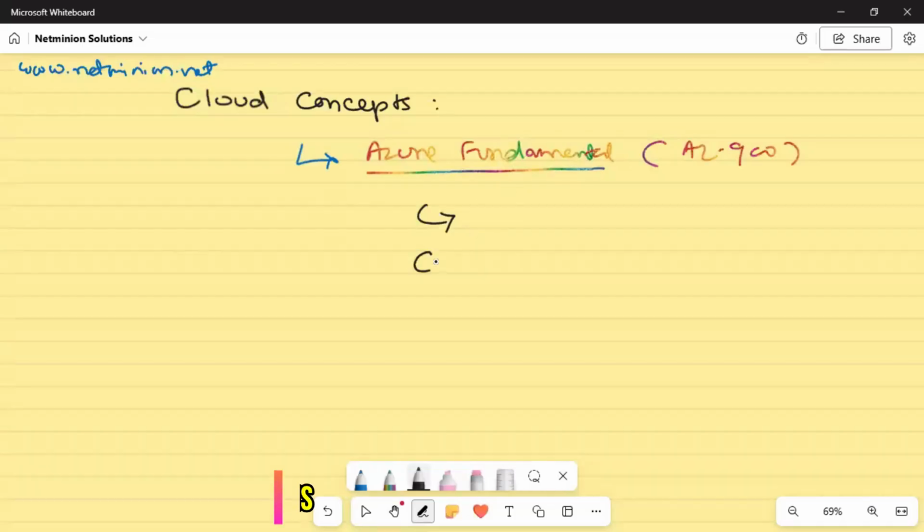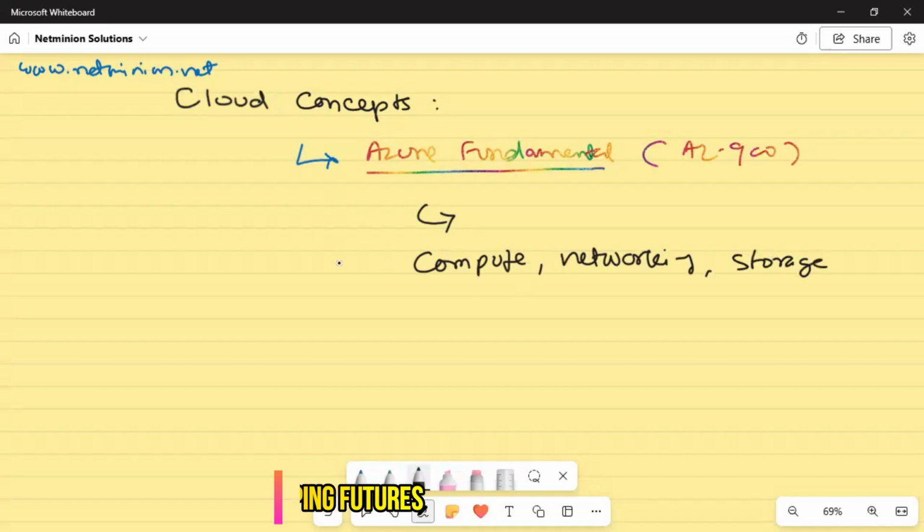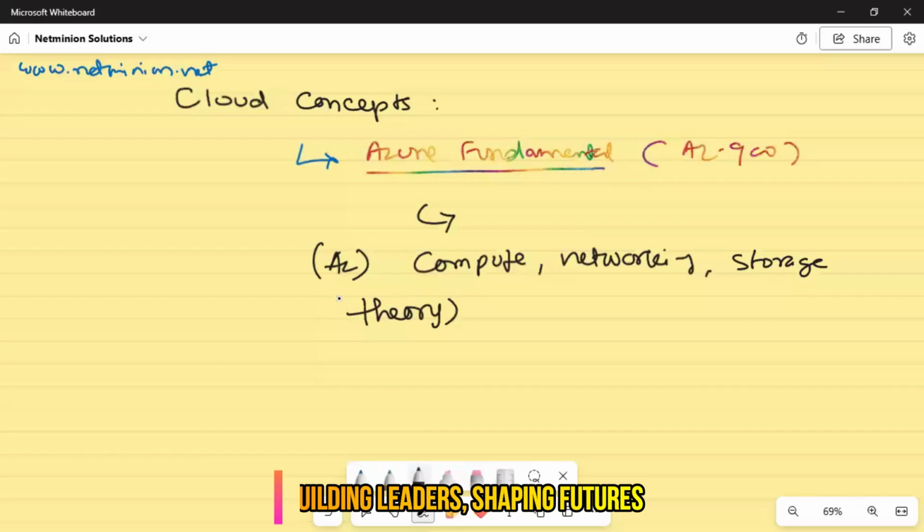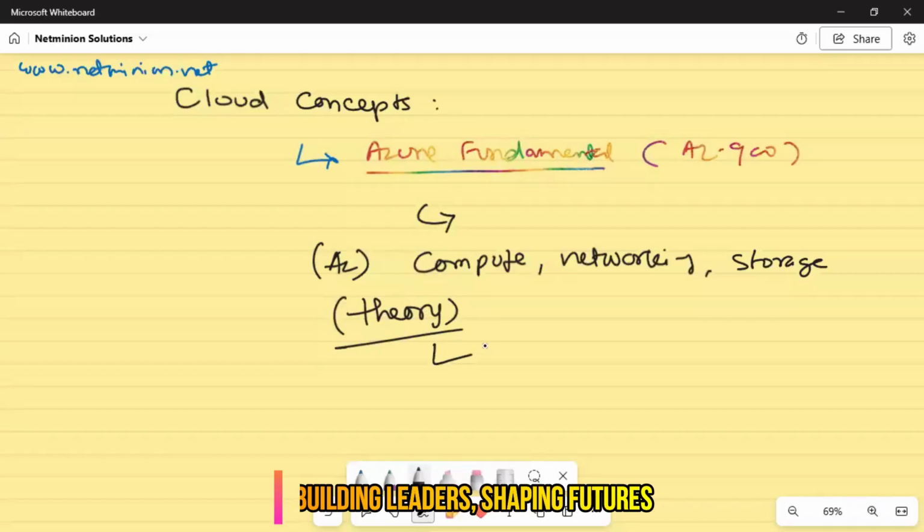If you are interested in compute, networking, or maybe storage, the basics with respect to Azure, and you want to learn some fundamentals of these services, then it will come into your Azure fundamentals.